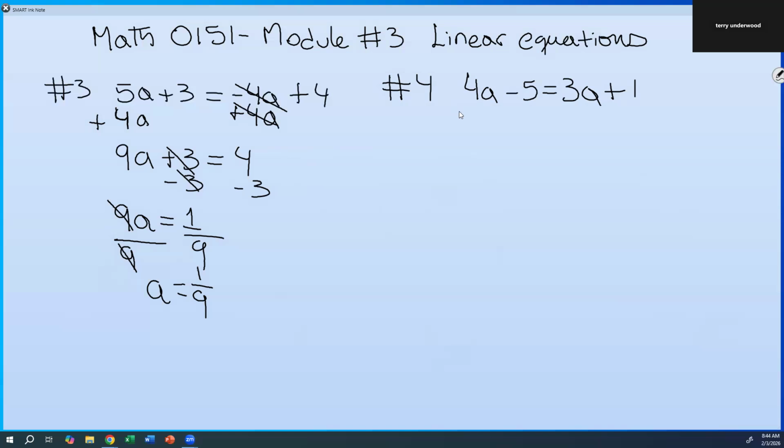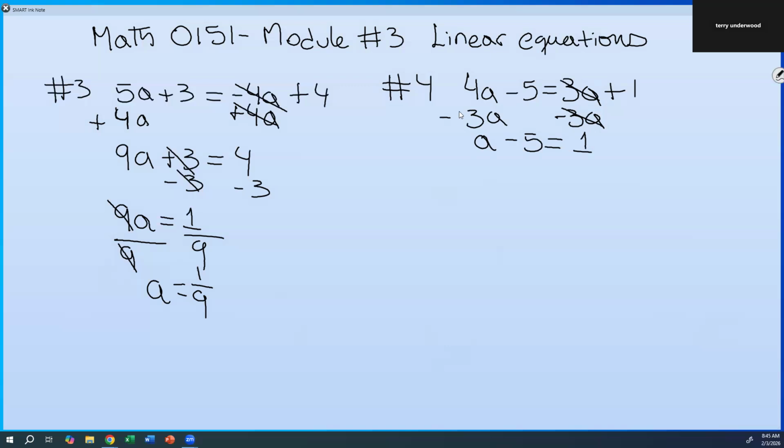To do that, I will subtract 3a from both sides. When I do that, this positive 3a and negative 3a cancel. And now I have a positive 4a minus 3a, that will be a only. And then I have minus 5 is equal to positive 1.